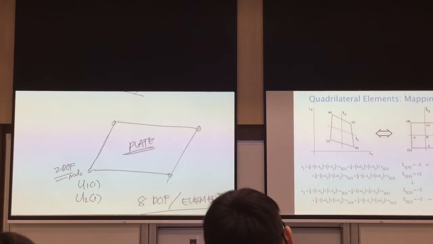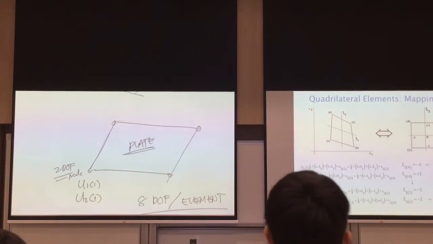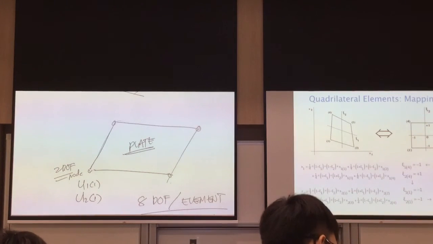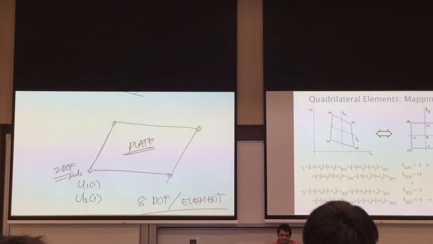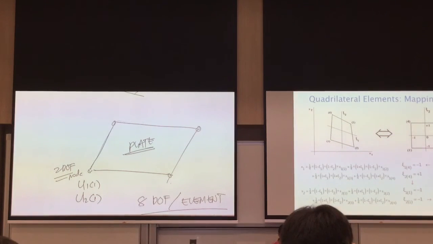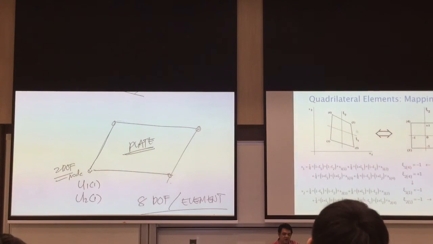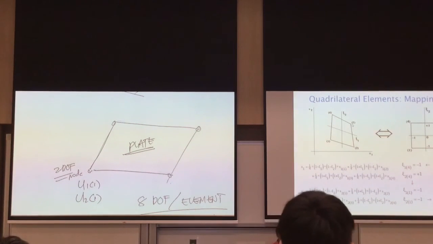Mapping. Why do we map? The reason why we map is because we want to have a so-called strong program or code. Because once you have the code, all you have to do is to put in the coordinates of your element.